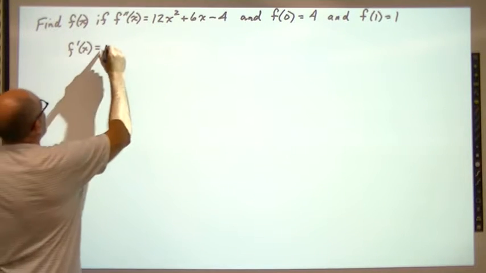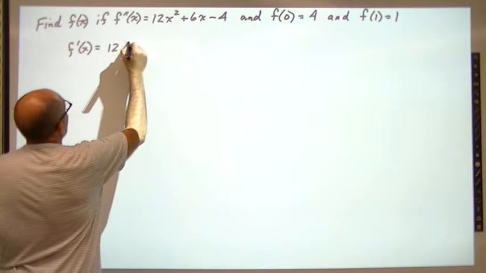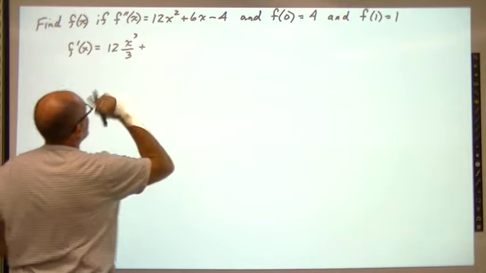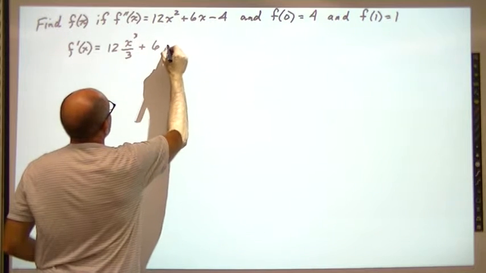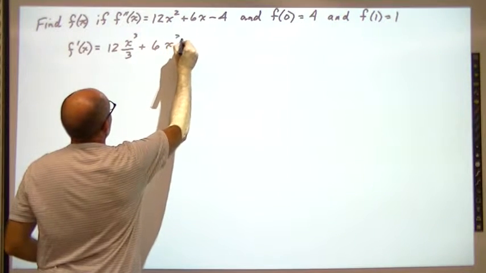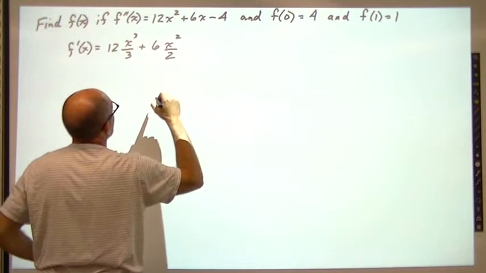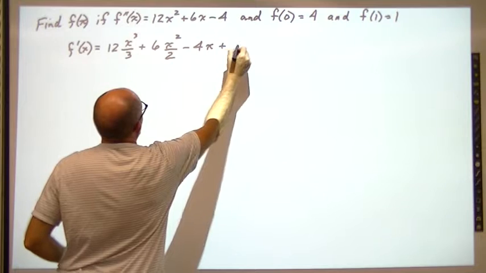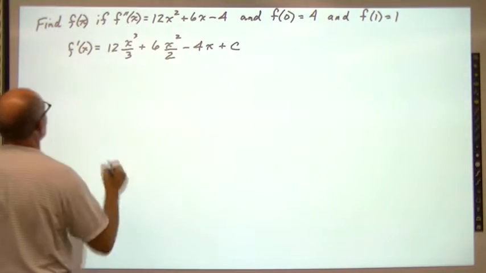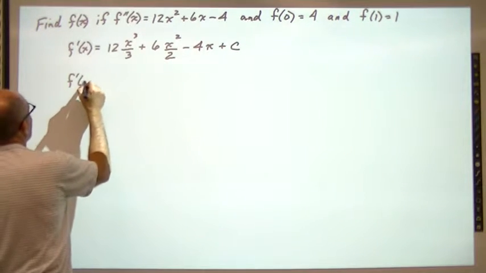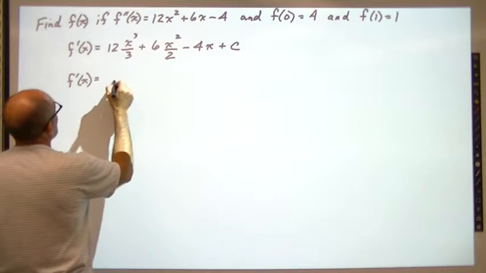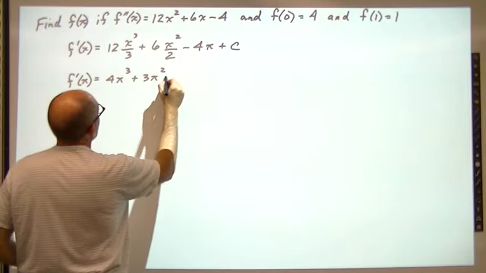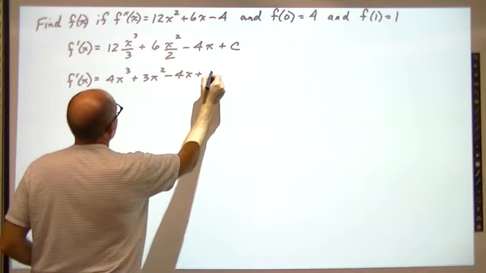So, that's 12x cubed over 3 plus 6x squared over 2 minus 4x plus c. So f prime of x equals 4x cubed plus 3x squared minus 4x plus c.